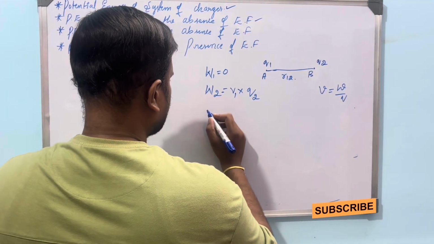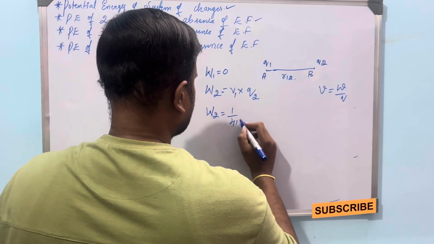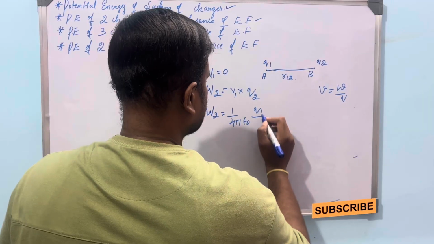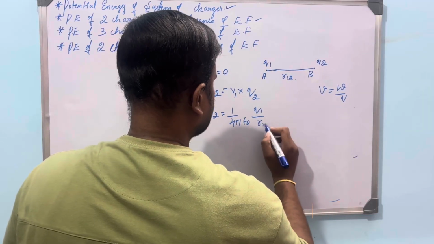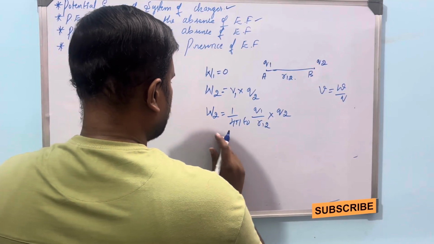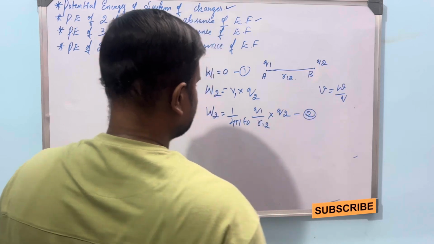Okay, so now W2 is equal to, what is the potential formula? V is equal to 1 by 4 pi epsilon Q by R. But here Q is Q1 and its position vector is R12, into Q2. Call this equation 2.